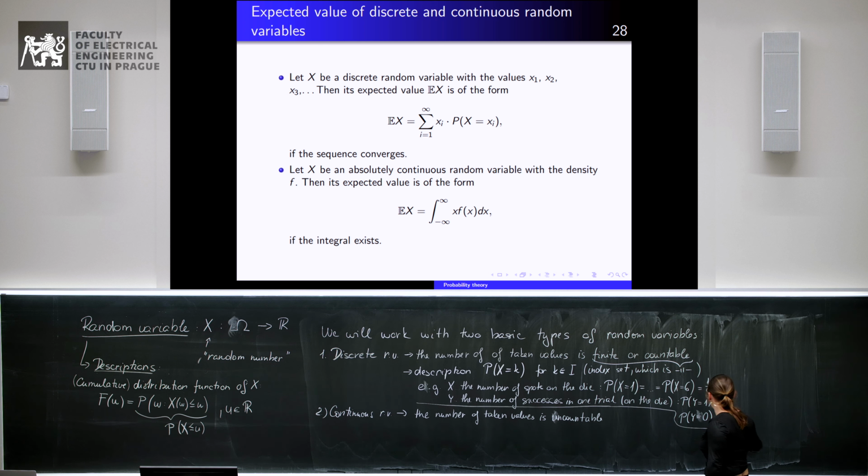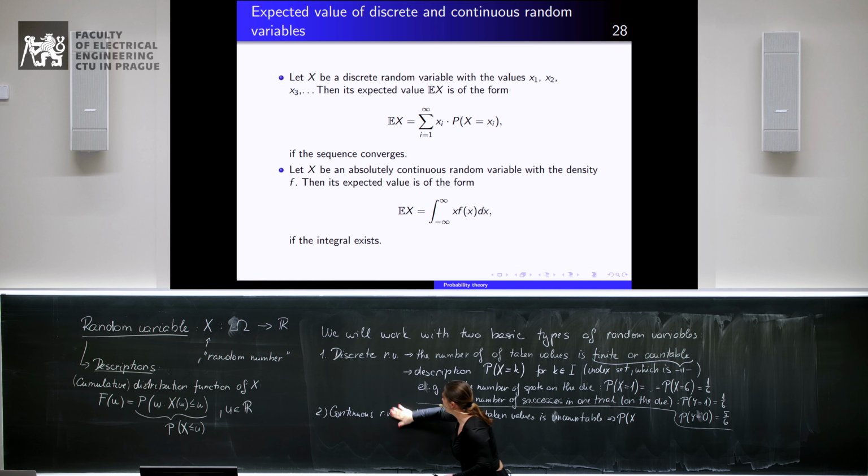And when we have an uncountable number of possibilities of taking values, then the probability that such a random variable, I'm still talking about the random variable x, but it is not the x above.